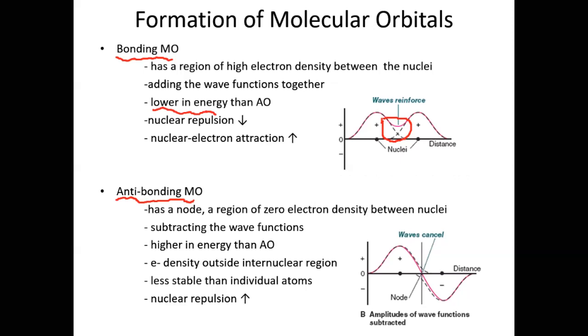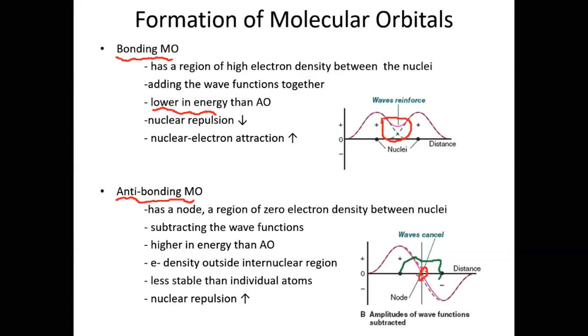Antibonding molecular orbitals have a region of zero electron density between the two atoms, which I've circled here. This is a result of subtracting the two wave functions, and this resulting orbital is actually higher in energy than the corresponding atomic orbitals. So that means there's electron density outside the internuclear region, which is this region.